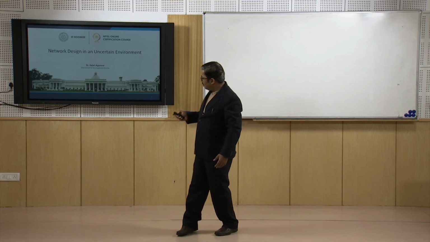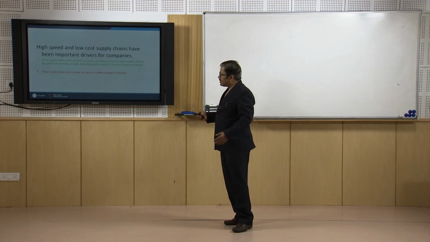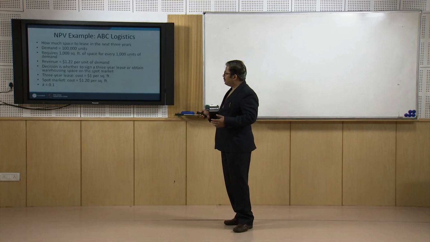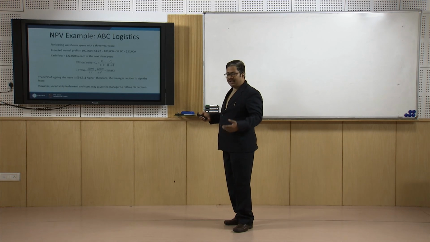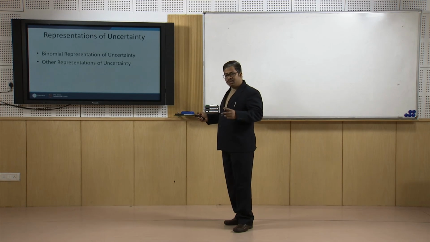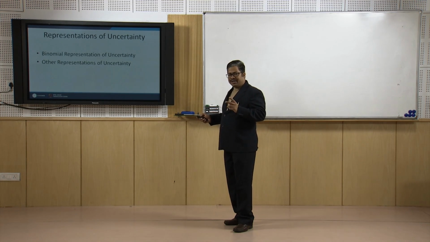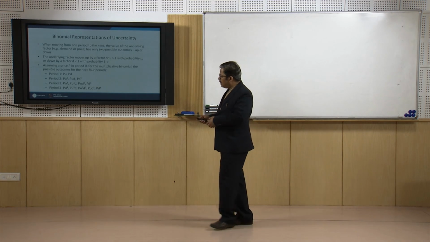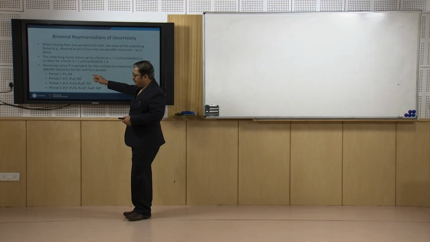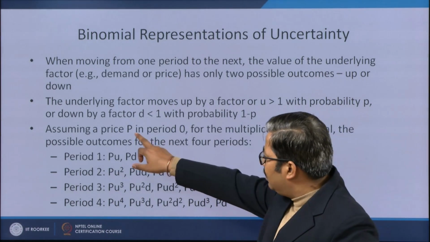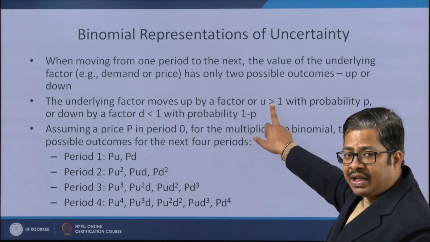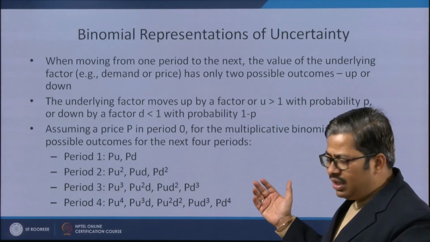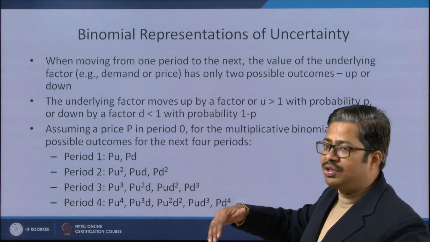Now, in the last session we discussed the binomial representation of uncertainty, and we discussed two types of binomial representation. One was multiplicative and another was additive. We saw how, if we take one underlying factor p, it can increase in the subsequent period or it can decrease in the subsequent period.